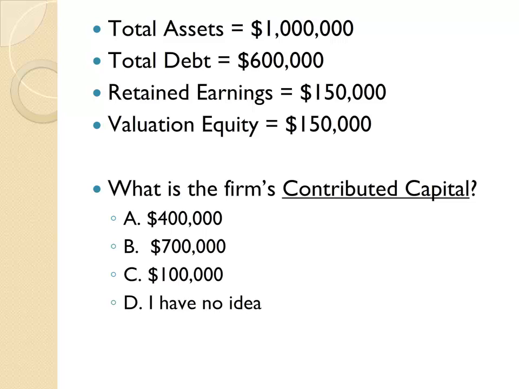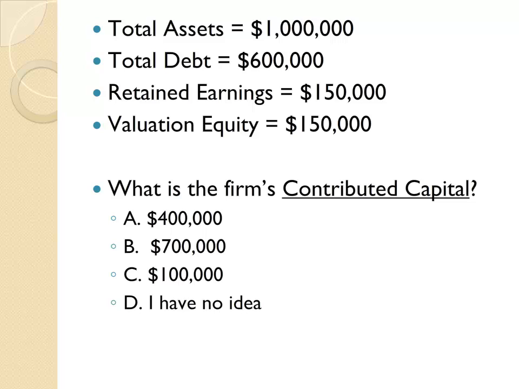Next question is, what is the firm's contributed capital balance? Okay, so again, contributed capital is one of the components of equity. We are given the other two components of equity, retained earnings and valuation equity in this case. And in the previous calculation, we had used the total asset and total debt levels to find the firm's total equity.